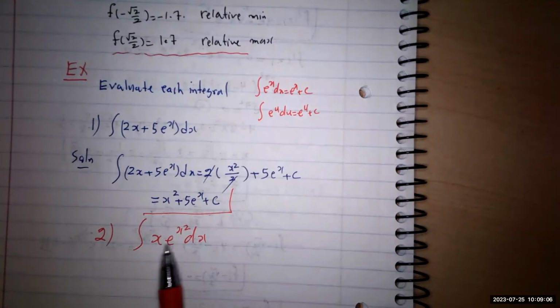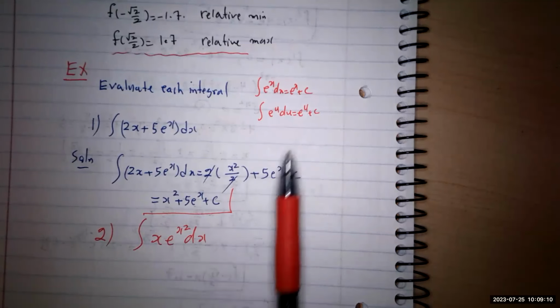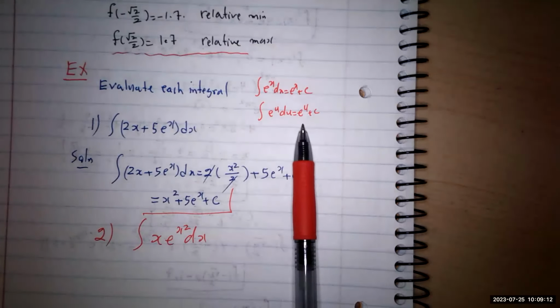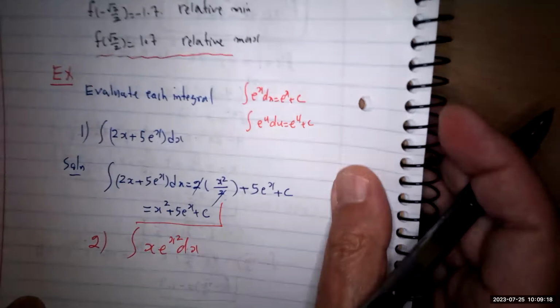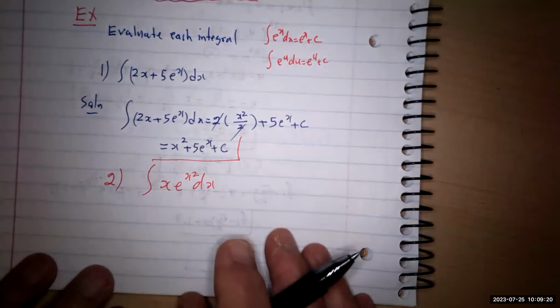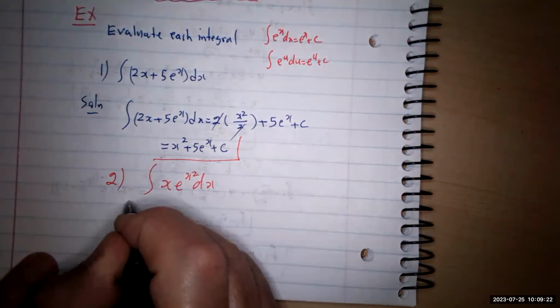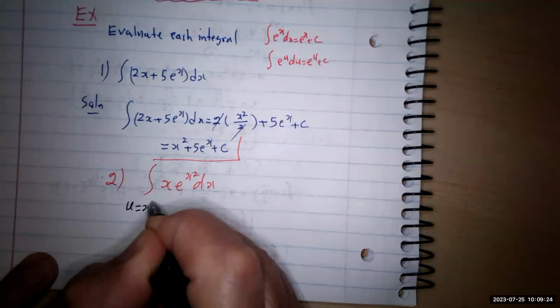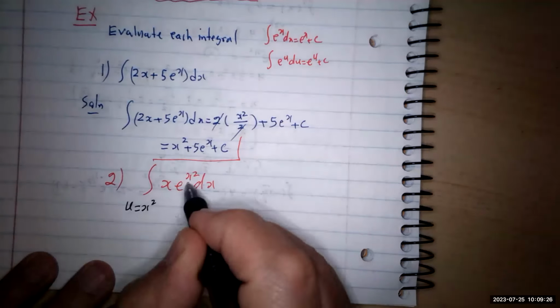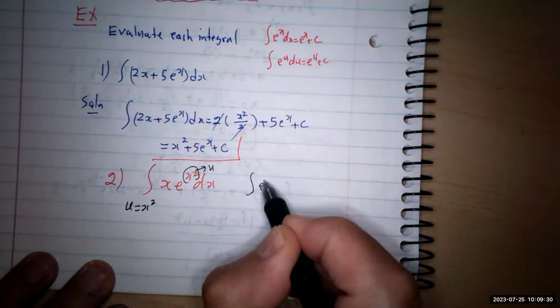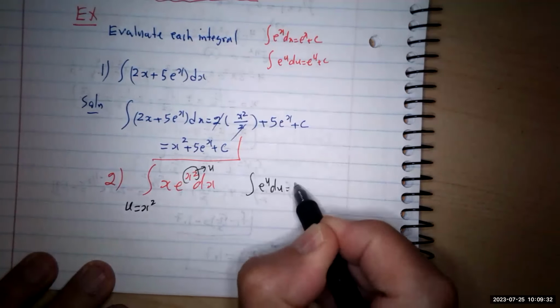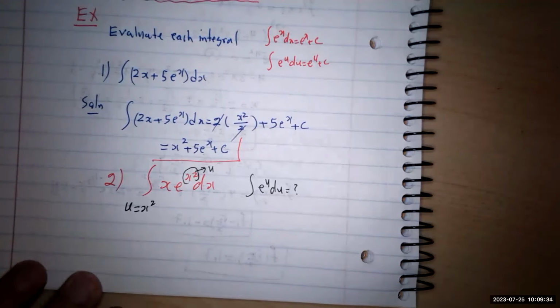So you change this one to the u, and the result would be e to the u du, which is e to the u plus c. Okay, so for this, you have to use substitution method. Take u to be x squared. So this is the one that we are going to call u. So the target would be e to the u du. This is the plan.